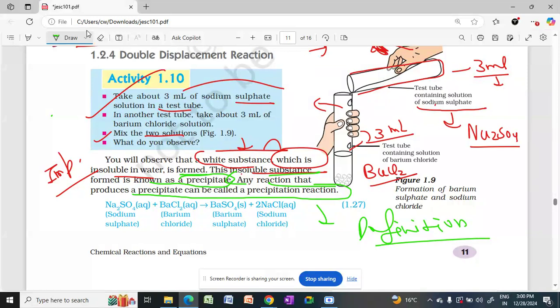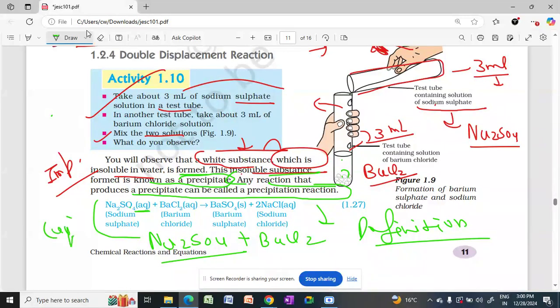Okay, so here you can see the complete double displacement reaction: Na2SO4 plus BaCl2 in aqueous solution. Water is also taken in the test tube, so that's why AQ is written in the bracket.